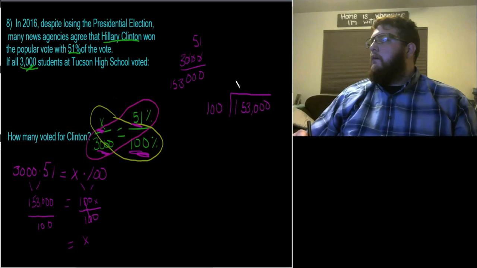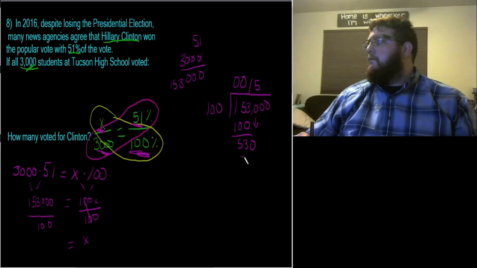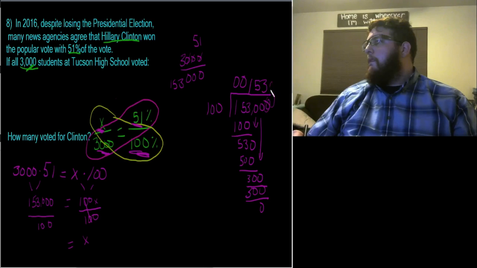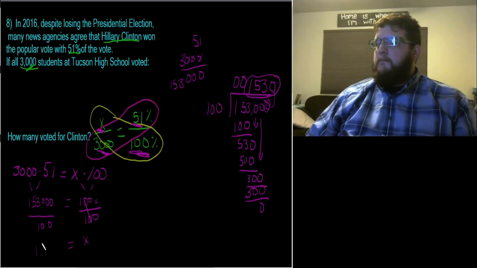153,000 divided by 100 is something I can do using long division. So my answer is 1,530.